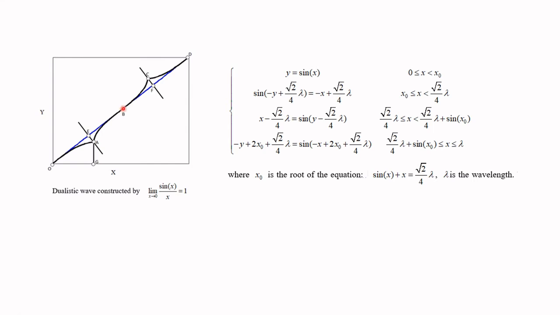And the curved infinitesimal line segments BC and CD are symmetric about the straight line CF. And here is a system of equations describing the dualistic wave.